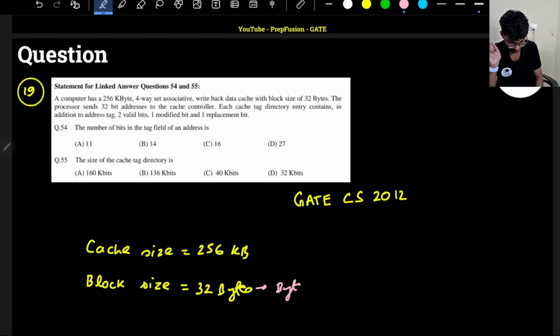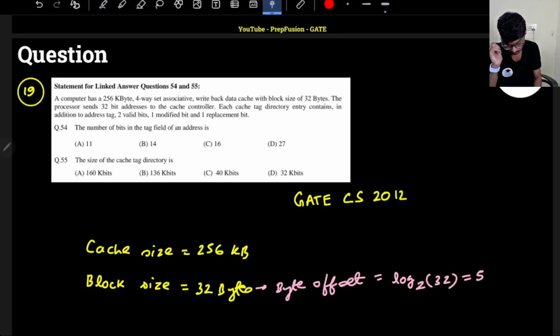So what will the byte offset be? This will anyway be required, it does not matter, because they are asking for the number of tag bits and you have to calculate the byte offset anyway. So this will be log base 2 of 32, which is equal to 5. Now they are telling me that the processor sends a 32-bit address to the cache controller.